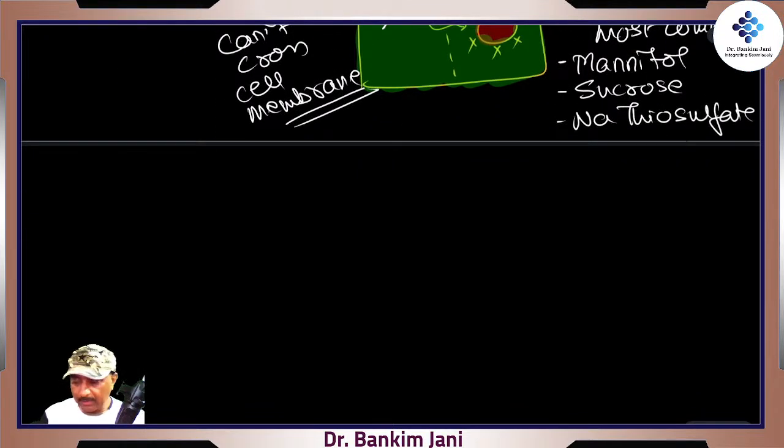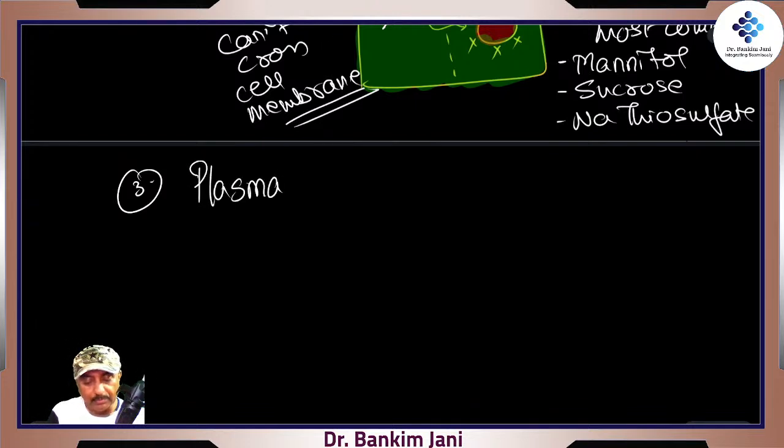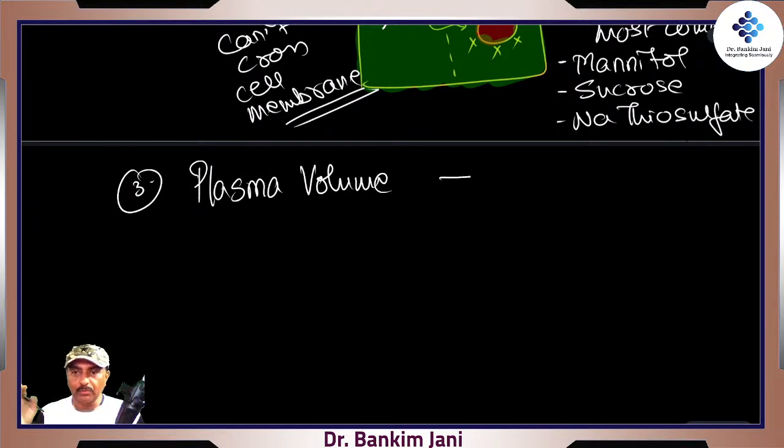Now, if you are very enthusiastic and want to check the plasma volume, that out of this, I am not interested in the interstitial fluid. I just want to know how much is the plasma volume, something which is present only in blood. That means you have to inject something which will attach to the albumin.